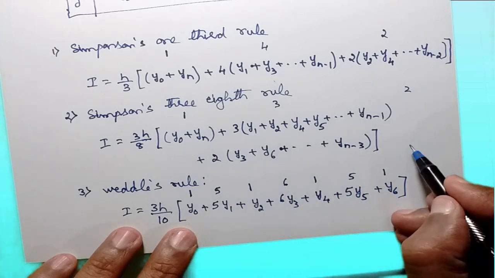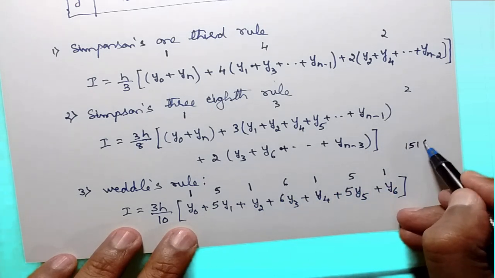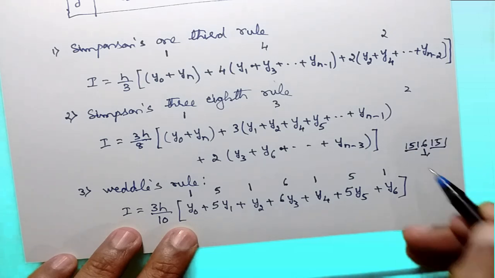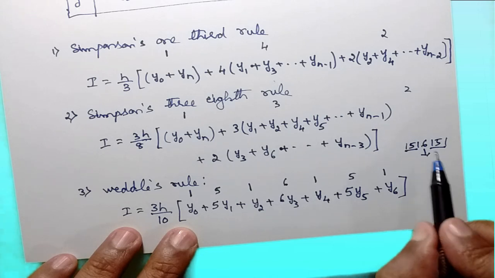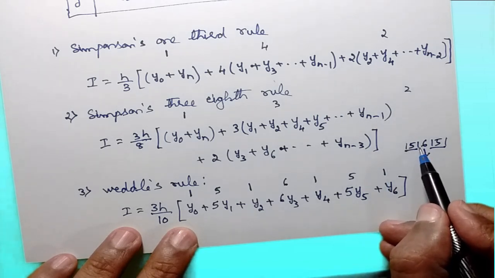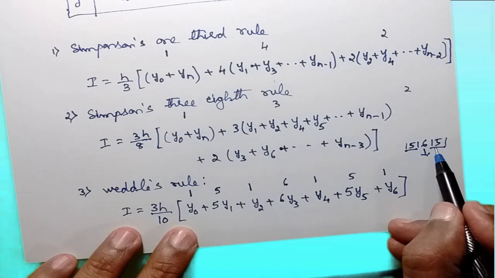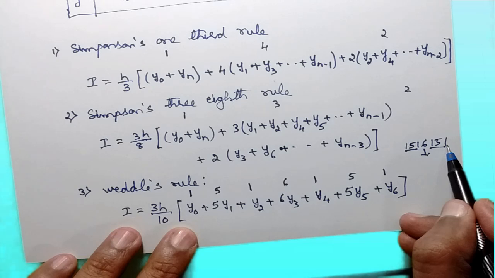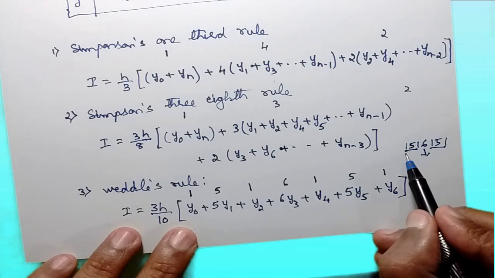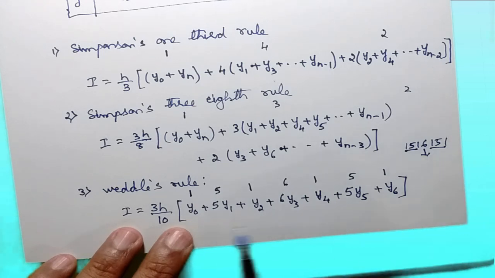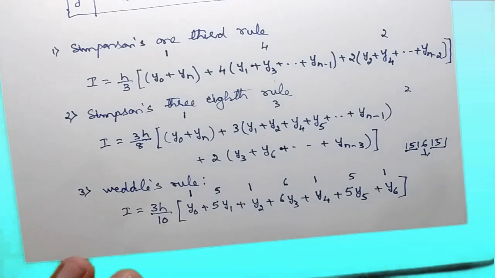It is like an SMS number. So this is how you can remember the code. If you remember 1516151, you can write down the formula very easily.